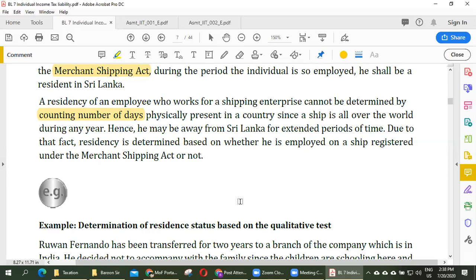Due to that fact, residency is determined based on whether he is employed on a ship registered under the Merchant Shipping Act, Sri Lanka, right? If he worked on an Indian ship, we can't treat him as a resident of Sri Lanka, right? The ship should be registered under the Merchant Shipping Act.